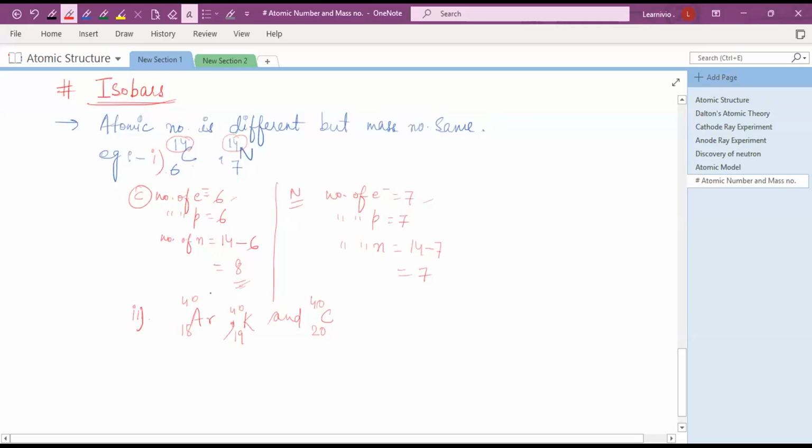Why isobars? Because you can see the mass number is the same, 40, 40, 40 for argon, potassium, and calcium, but the atomic number is different, right? So the number of electrons and protons will be different, and the neutrons are also different for all these three, right? So these are some examples of isobars. You should remember that.